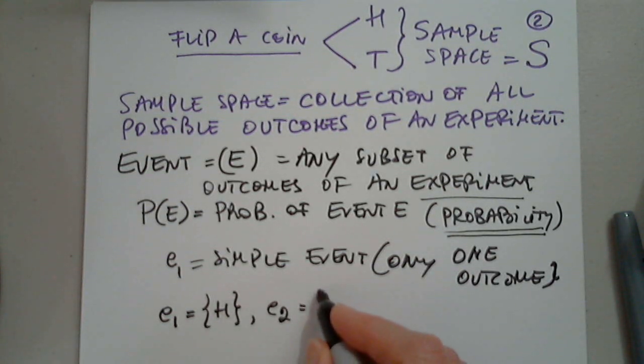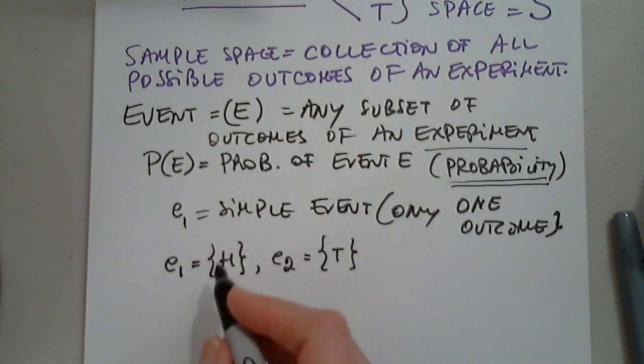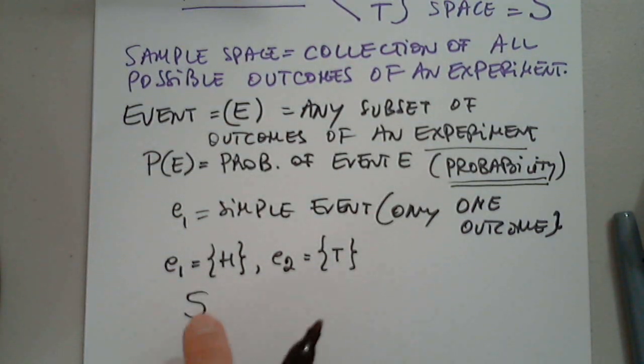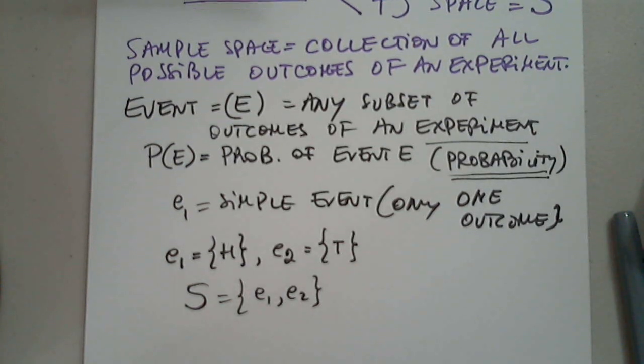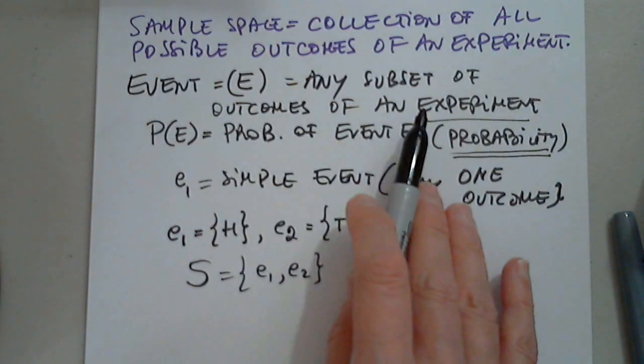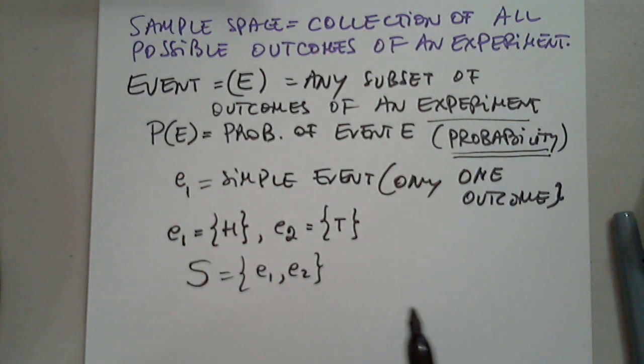E2 is basically just getting tails. Simple events. Now, if I want to talk about all possible outcomes, which is the sample space, then I will say E1 and E2. Because I only have two, I cannot combine them in other ways.